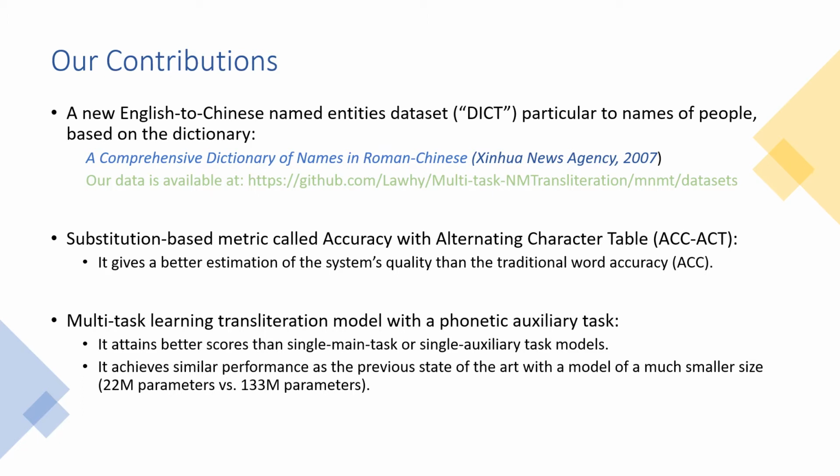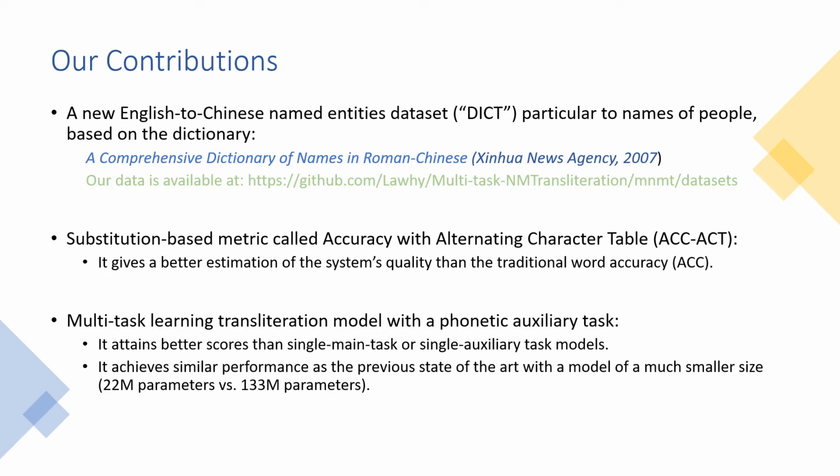In this slide, we summarize our contributions as follows. First, we found a new English to Chinese dataset which was extracted from a giant dictionary. We name it as DICT dataset. You can find it available at the URL here.